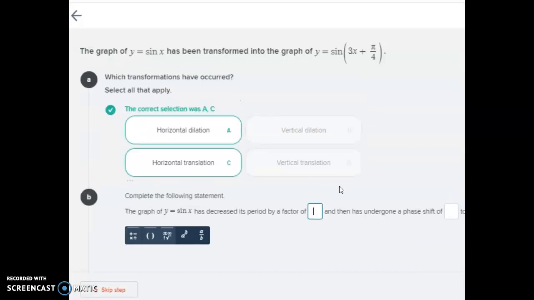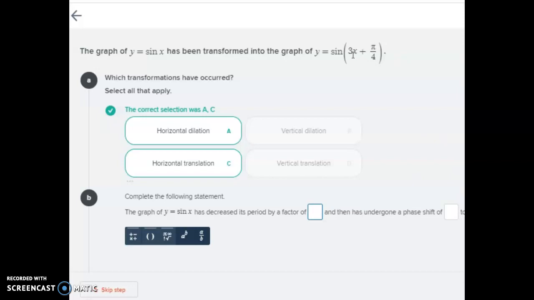Now there's a part B to this. The graph of sine x has decreased its period by a factor of blank and has undergone a phase shift. Let's answer the phase shift question first.